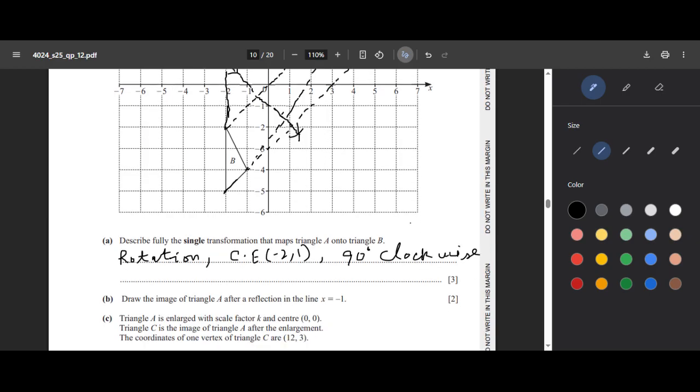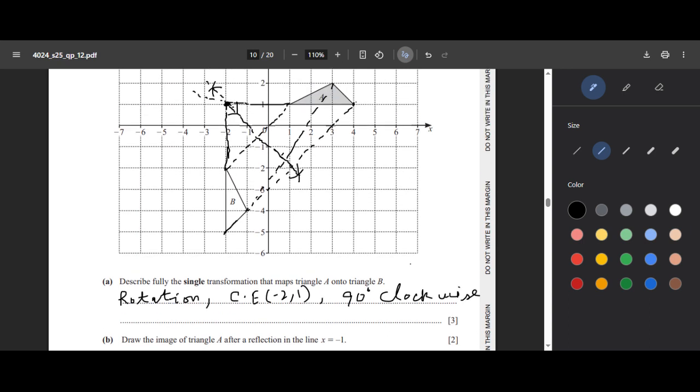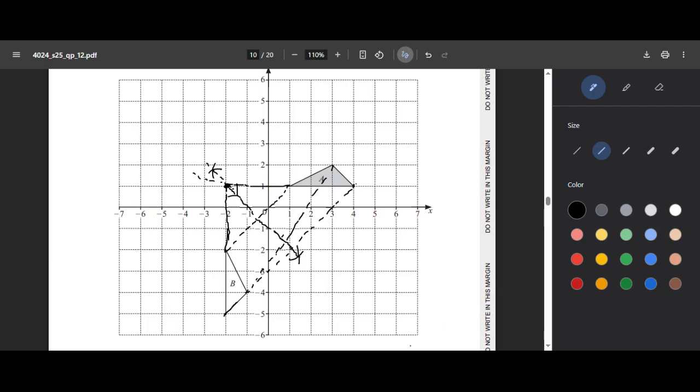For part B, draw the image of triangle A after a reflection in the line x equals minus 1. So draw the line x equals minus 1 here. This line is passing through x equals minus 1. In reflection, the perpendicular distance of each point should be the same on both sides. This is 2, so this will also be 2 here.